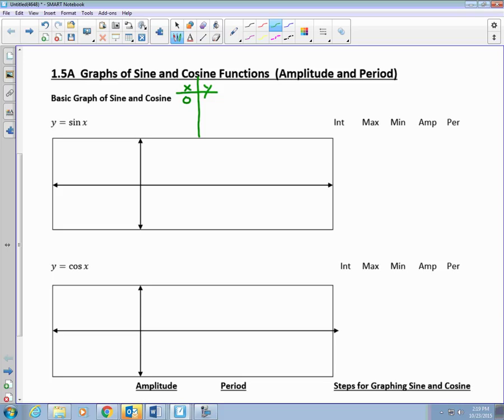We're going to start with an x value of 0. Do you remember what the sine of 0 is? It is 0. So the first coordinate that sine passes through is (0, 0).